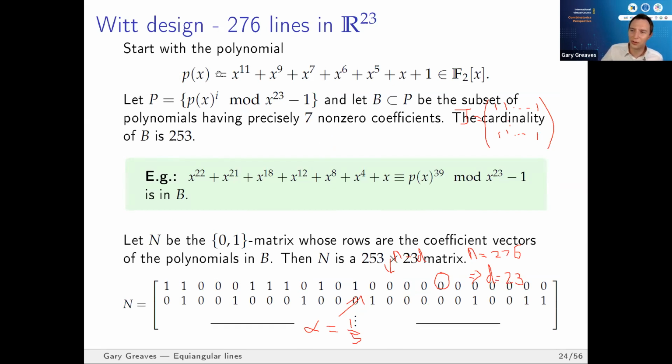I don't know much about where this polynomial comes from, but it's related to a construction of something called a Golay code. With discussions with others, they tell me it's quite understood where this polynomial comes from, but I personally don't know. So I can't answer your question, but it's an interesting question and a good thing to look into.